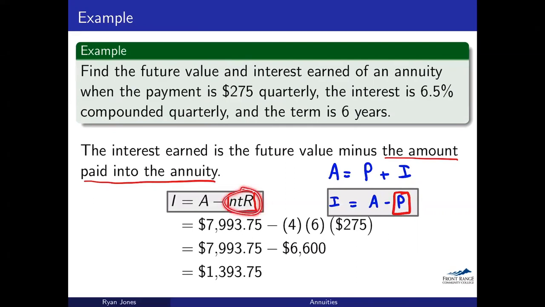So this is really just a fancy way of saying this is your money, and the interest is how much extra you got as a thank you for investing. Just like back here, the principal was how much money you put in at the very beginning, and then the interest was, hey, thanks for investing, here's some extra money. And now you have your future value.